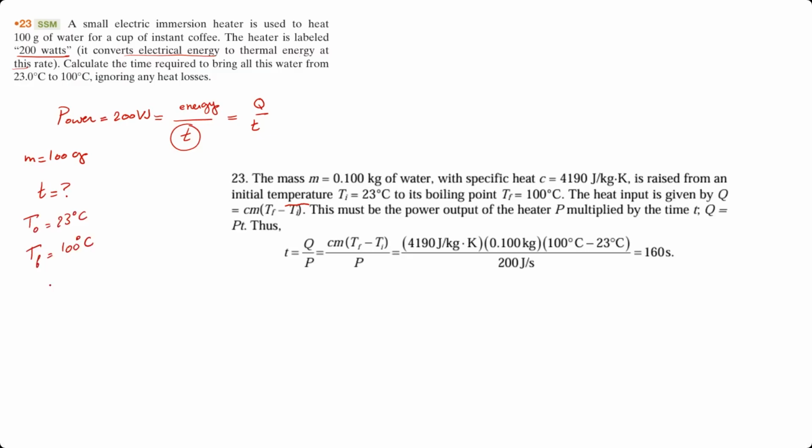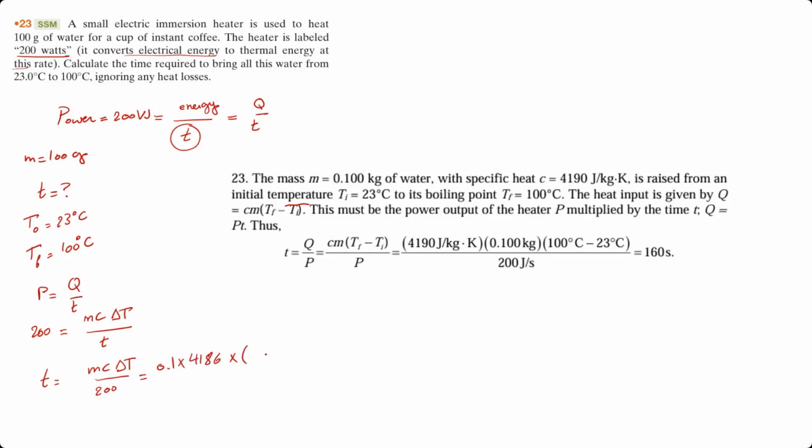So what I'm going to do is say, okay, the power is Q over T, and the power is 200 watts. This is given to us. Q is mc delta T. T, the time, is what we want, so I'll just rearrange for the time. The mass of the water, I know it, 100 grams, which is 0.1 kilograms. c is the specific heat of water, which is 4186.